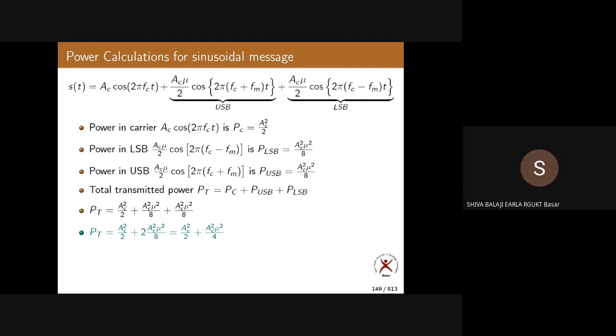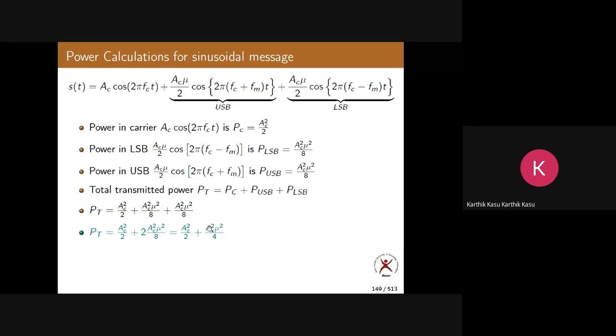That is the power of the sidebands, both sidebands. Let us go to the calculation. PC plus PUSB plus PLSB. I told you PC is Ac square by 2. This is PUSB and PLSB. Add these two. They are equal, so you get two times Ac square mu square by 8, that is Ac square mu square by 4.